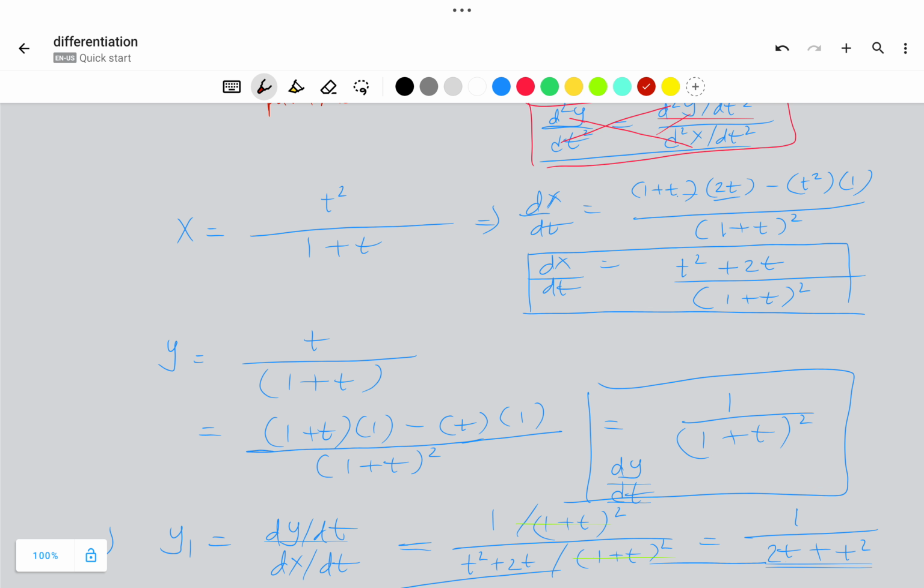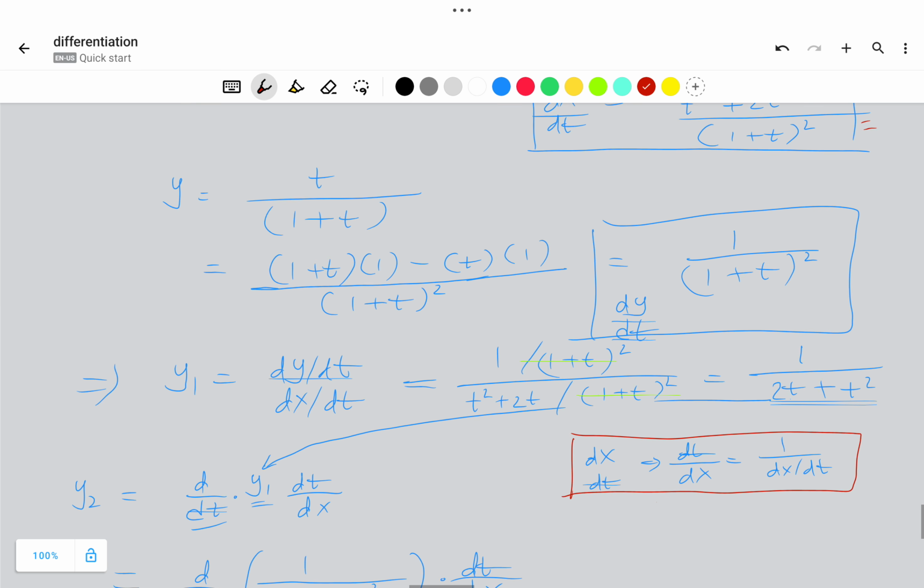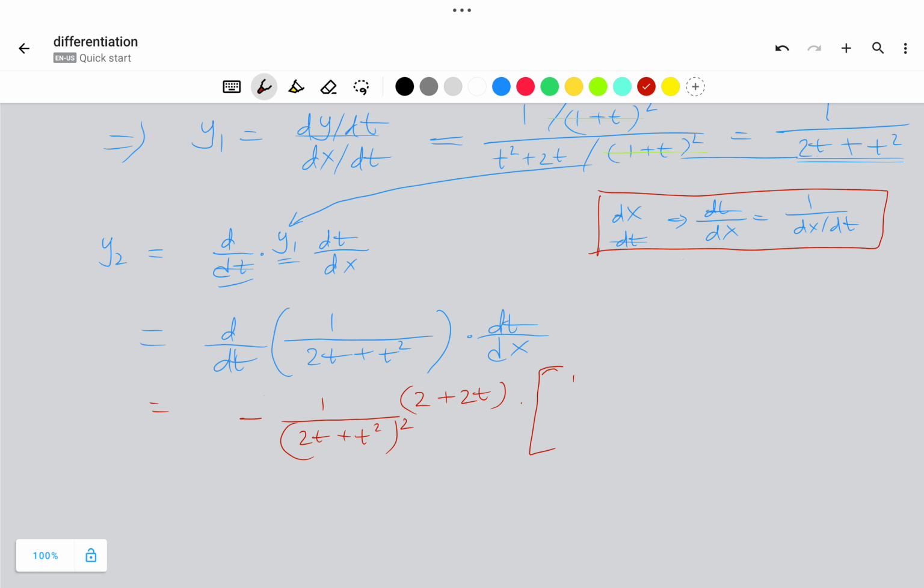So dx by dt we have got, so that would be 1 plus t the whole square in the numerator, and the other part which is 2t plus t square over here.